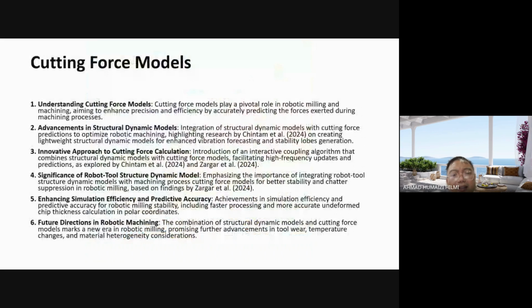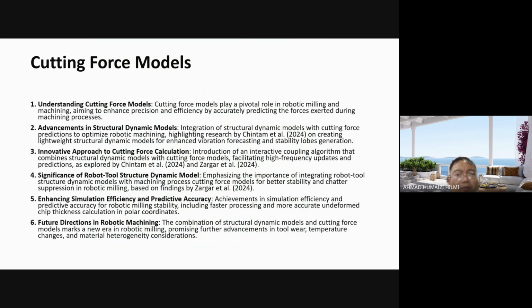And then the last one is the cutting force model. What is the cutting force model? It is also related to automation, but it involves only one machine, the machine for cutting, the milling process and everything. It plays an important role in robotic milling and machining, aiming to enhance precision and efficiency by accurately predicting the forces exerted during the machining process.